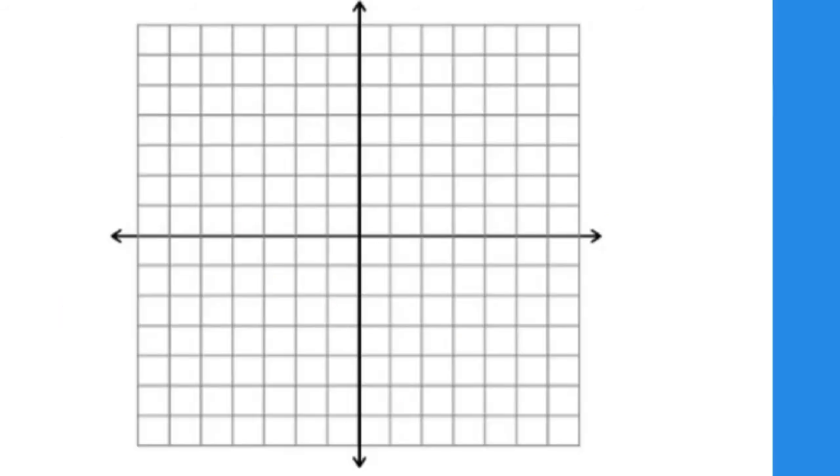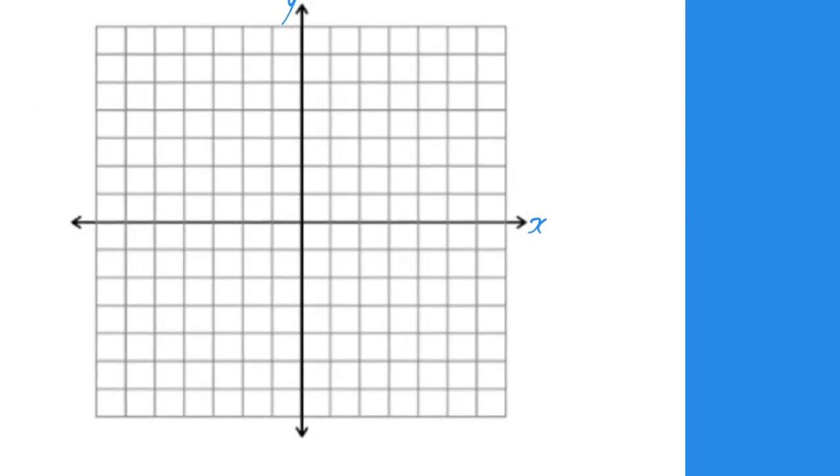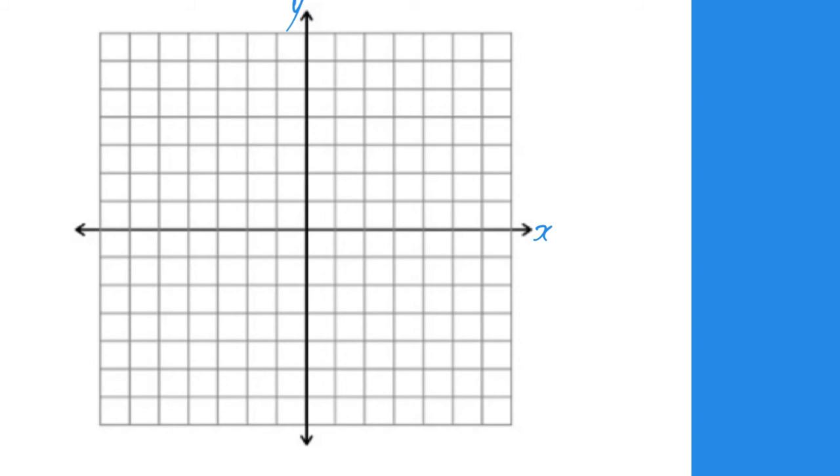Okay, zooming down to our graph, we've got your x-axis, you've got your y-axis, and then we're just going to label this. So it said use 1 square for 1 unit. So that's going to be 1, 2, 3, 4, 5, and 6.